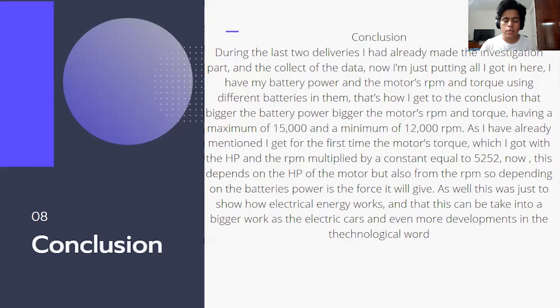As well, this is just to show how electrical energy works.